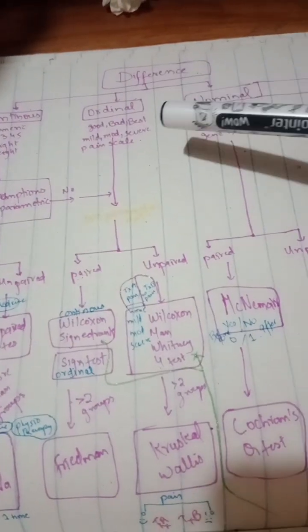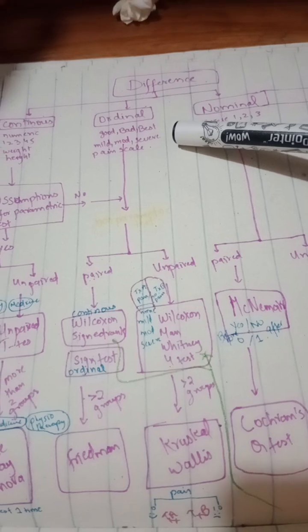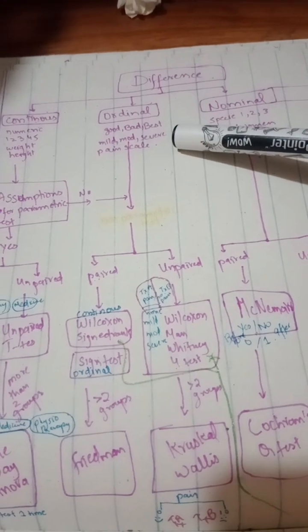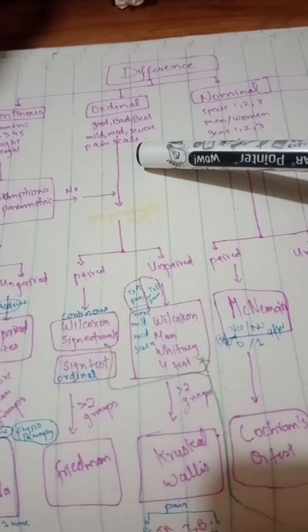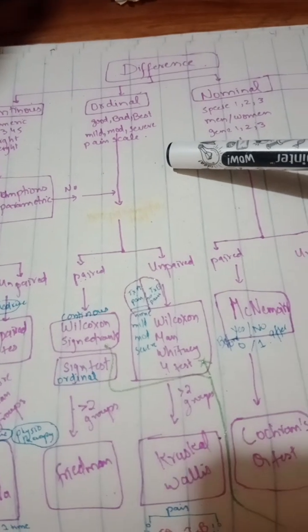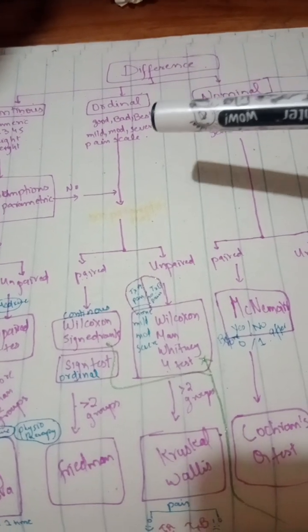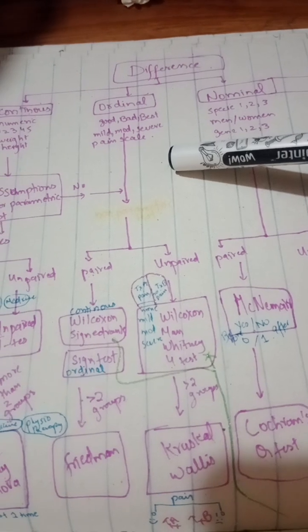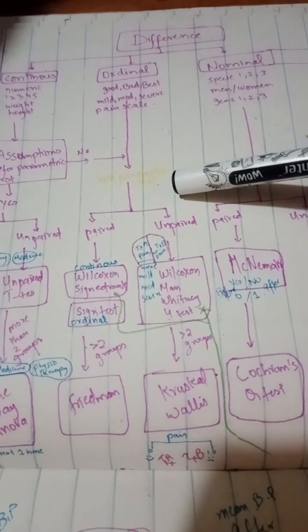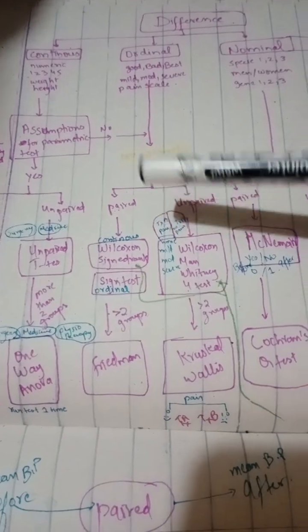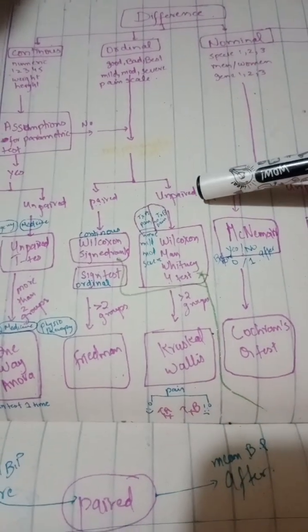Okay, then if we have ordinal data, ordinal means it has good, bad, best, or mild, moderate, severe, or on the pain scale, how much pain from 0 to 10 a patient is feeling, and this is non-parametric, not normally distributed, then we are going to see if this is paired or unpaired.